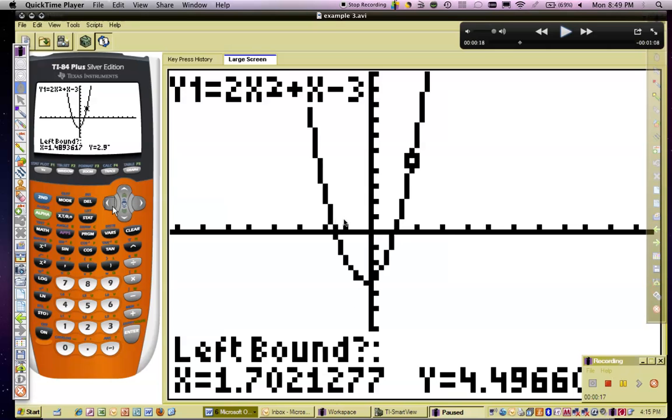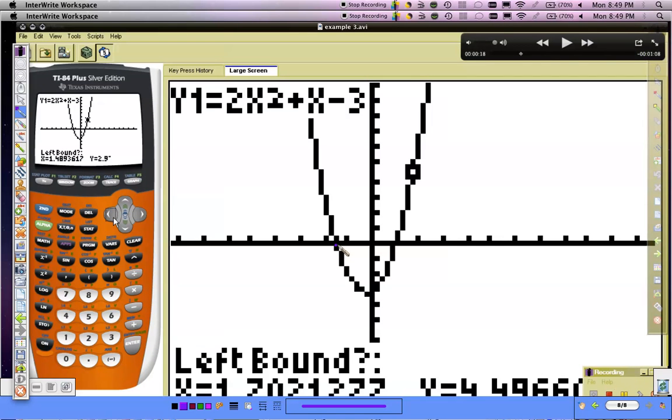First off, we have to handle each one of the zeros one at a time. Right now, I'm going to concentrate on the one on the left, because the one on the right looks like it might be pretty easy. What does it mean by left bound? It means you want to find the spot where the graph intersects with the x-axis, and you're coming from the left.